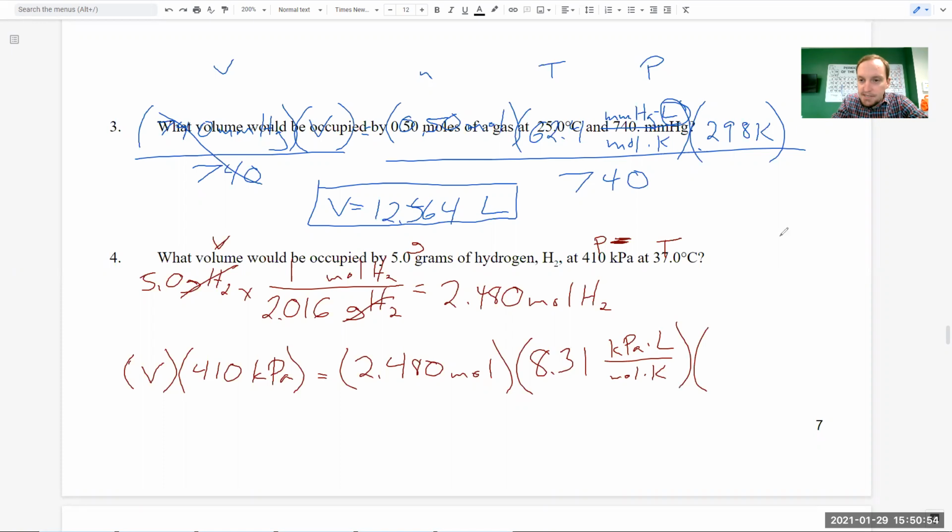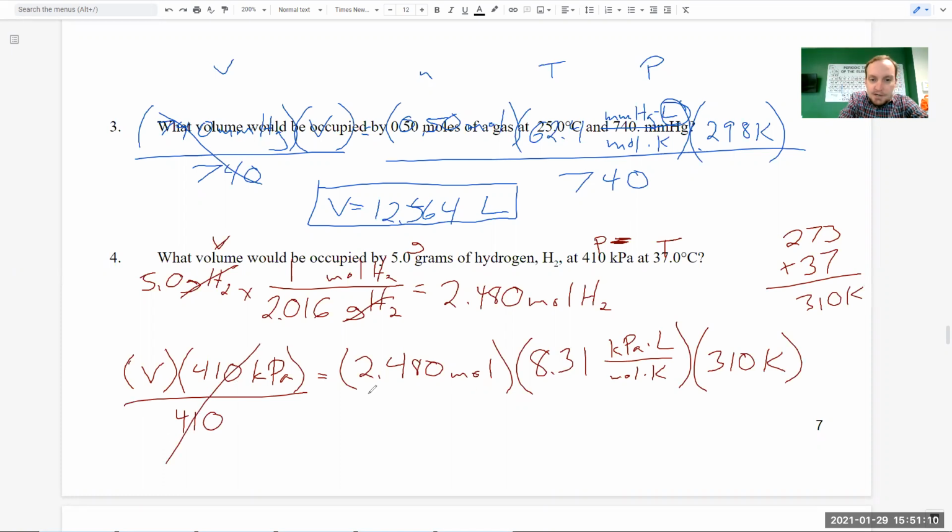Then I'm going to have my temperature. My temperature, again, is 273 Kelvin plus 30 degrees Celsius. That comes out to be, again, 310 Kelvin. All right, so again, not surprisingly, I'm going to divide this side by 410, which cancels that out.